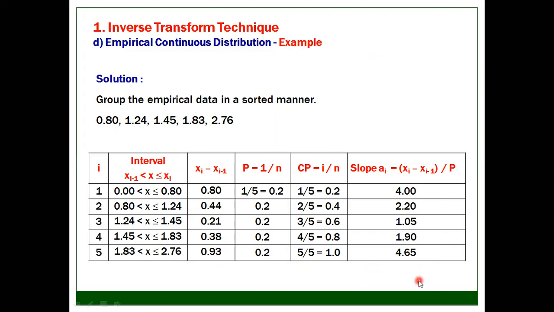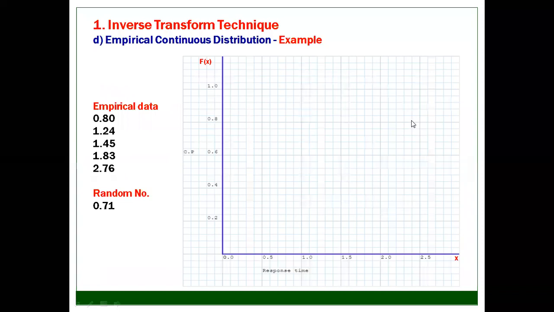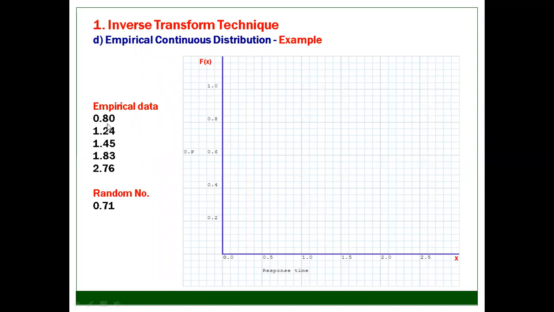Next, we will go to the next slide. Here we have calculated all those values, that is, the slope values. Now we know the random number as well, and these are the empirical data, and the random number given is 0.71.